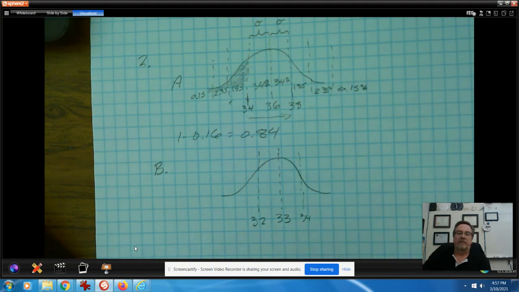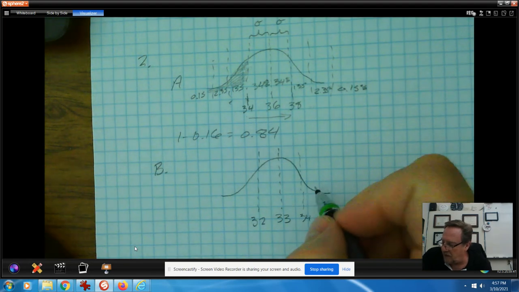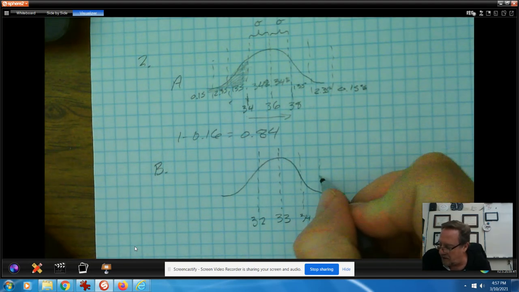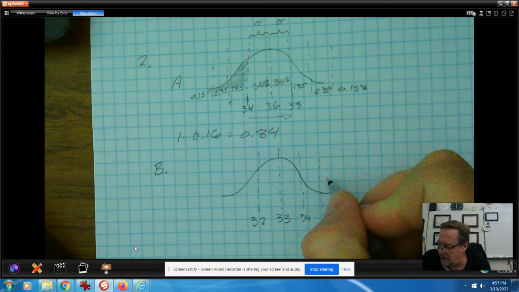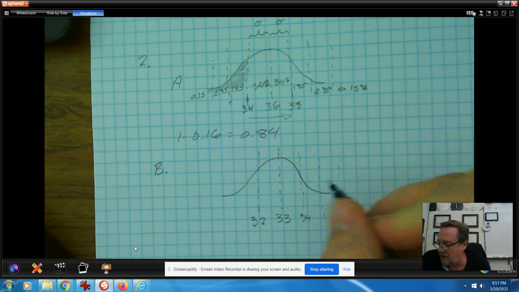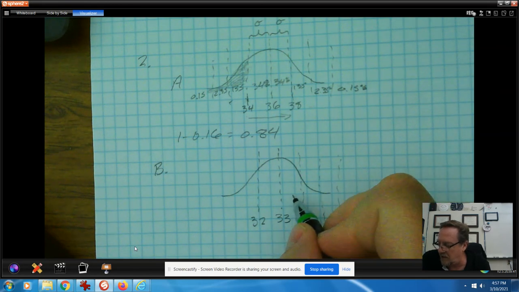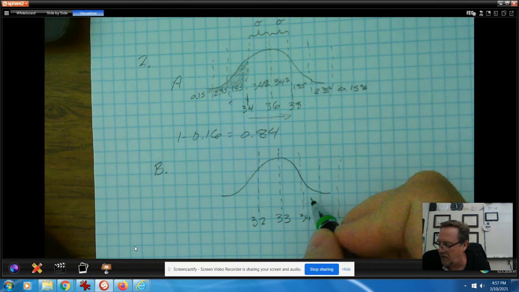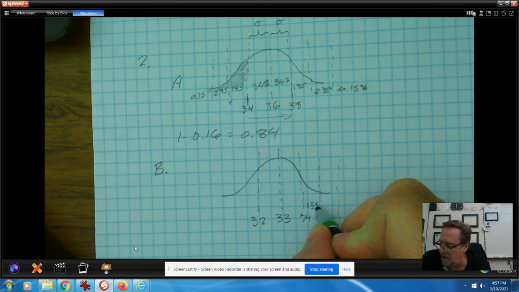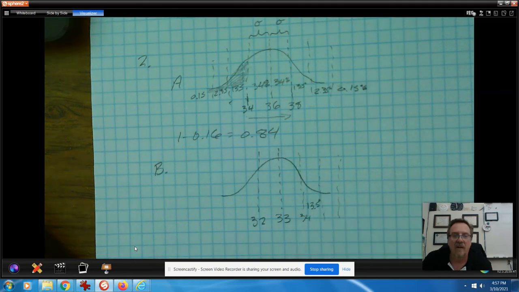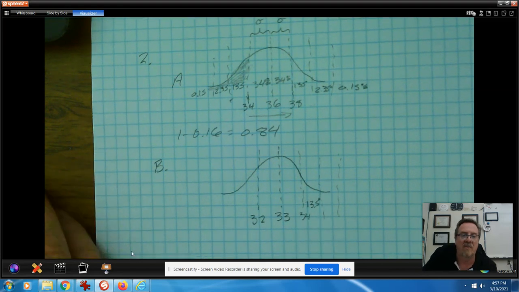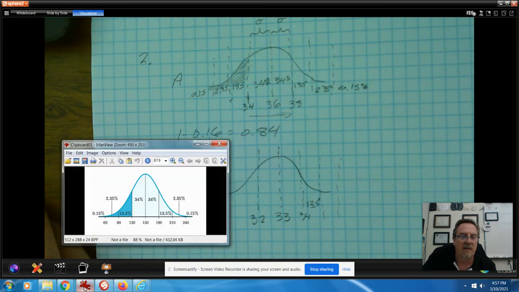Now, think about what we got going on here. If I go 2 standard deviations away and then 3 standard deviations away, I'm going to fill in these things. But above 34, between 1 standard deviation and 2 standard deviations is 13.5% of your population. Where do I get those numbers?